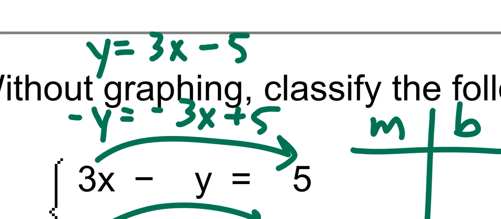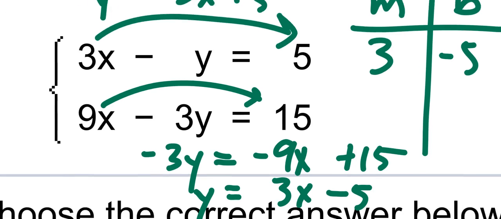It becomes a positive thing. And if I divide by negative 1 here, it becomes a negative. So you get y equals 3x minus 5 for that first equation. So what's the slope? The slope is 3, and what's the y-intercept? Negative 5. Okay, so let's move to the other equation.